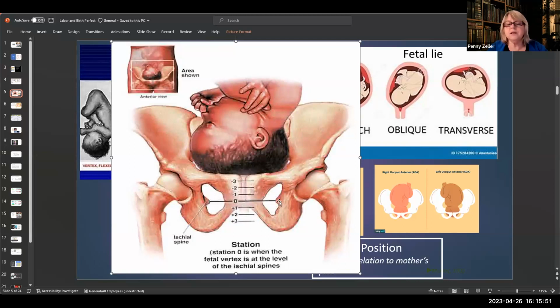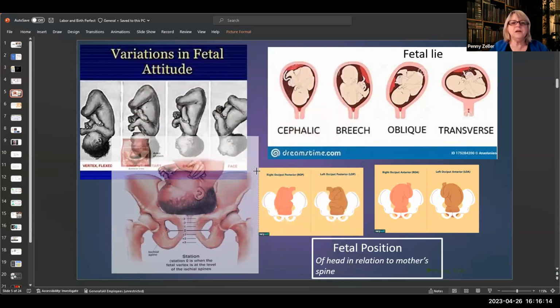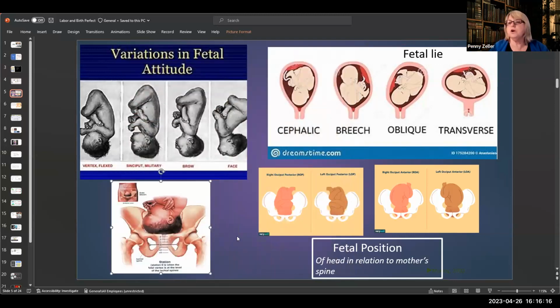That's right there at the ischial spines. That's station 0. So -1, -2, -3 means that the baby is not engaged yet. And then +1, +2, they're on the way out. So that's a station. And we can usually do that when we do our exam.